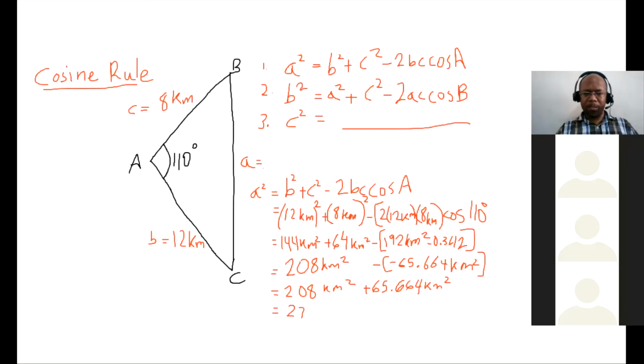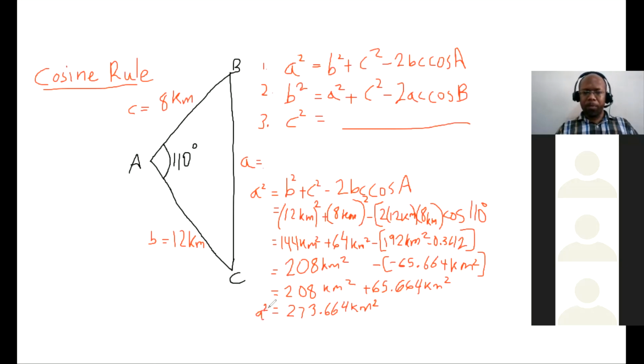Let me check it again. 273? You get that? Yes, sir. And then the decimal stays the same, right? 64 kilometers square. And now we're back at the point where we used to be when we were dealing with Pythagoras.